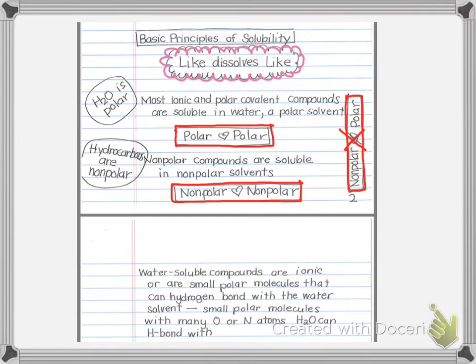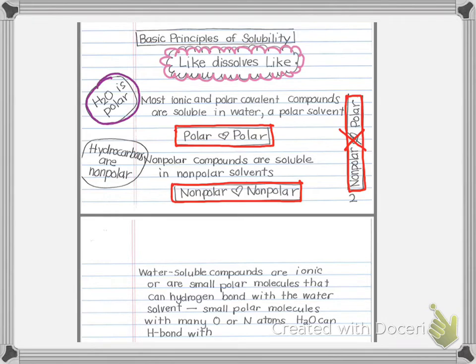Another way to say it: when we say like dissolves like, we're talking about similarities in polarity. So the closer two substances are in polarity, the more likely they will mix and form a solution or a homogeneous mixture. When they have opposite polarities, they don't mix. For example, sugar dissolves in water. One thing I memorize, and I think it is 100% worth memorizing, is that water is a polar substance.